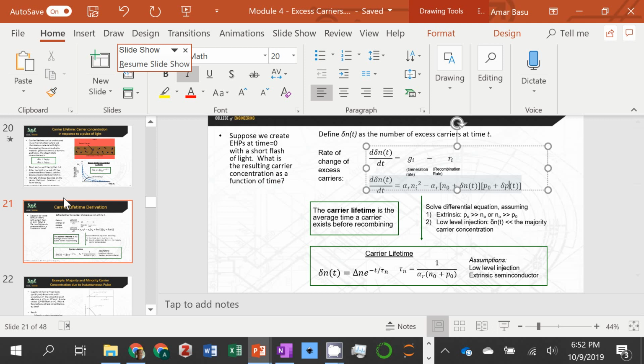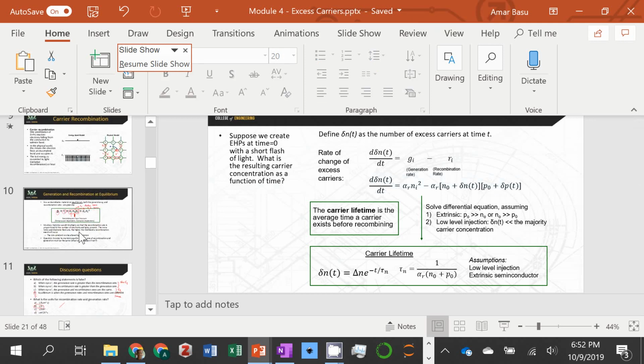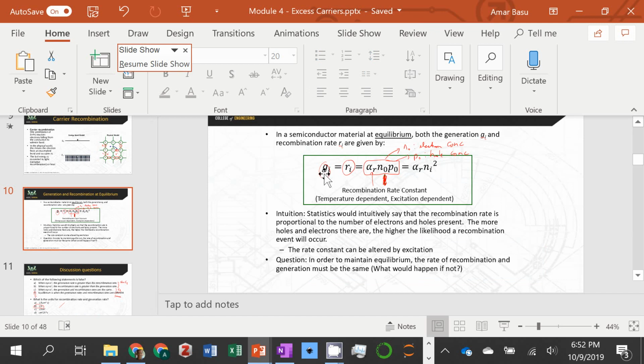Let's go back up to the slide where we talked about generation and recombination rates. Here we said the recombination rate is equal to alpha R times N0 times P0. The more electrons you have, the more holes you have, the higher your generation and recombination rates are going to be. In equilibrium situations, G_i and R_i are the same. In non-equilibrium situations, G_i and R_i may be different.